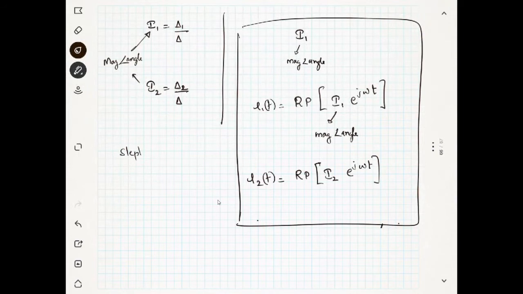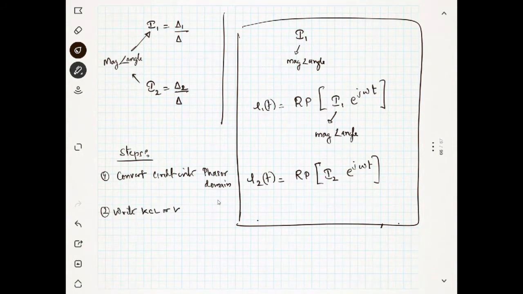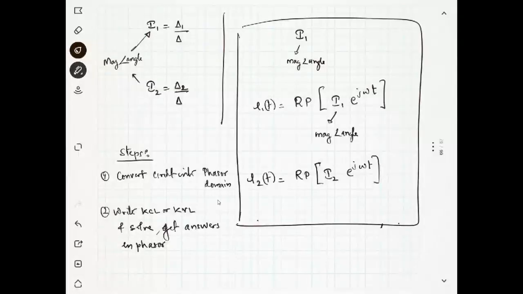I will just conclude here. The steps are: first, convert the circuit into phasor domain. Then write KCL or KVL, whatever required, and solve and get the answers in phasor domain.